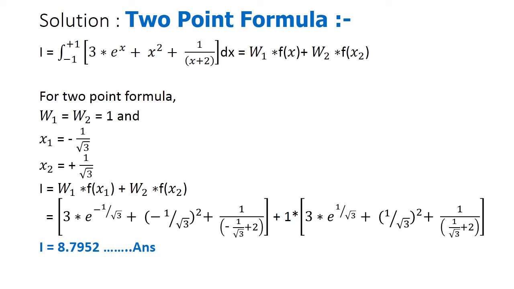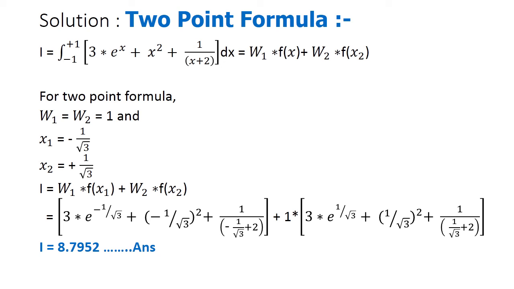As we know, w1 is equal to 1 as well as w2 is also equal to 1, but x1 is minus 1 upon root 3 and x2 is plus 1 upon root 3. Therefore, we will substitute the values of w1 and w2 as well as the values of x1 and x2.